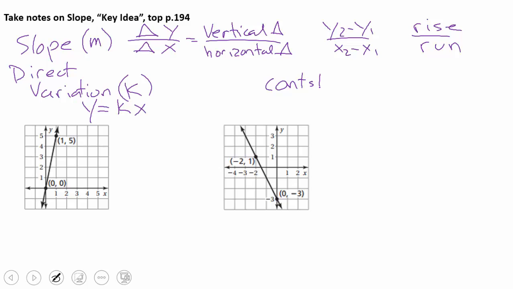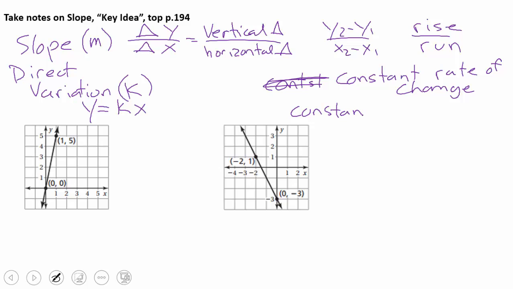I'll tell you what, I can spell. C-O-N-S-T-A-N-T, constant rate of change. And when we're talking direct variation, because direct variation deals with proportional relationships, we call it the constant of proportionality. A lot of names for slope. All right, a lot of ways to interpret slope.